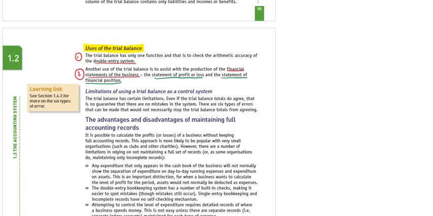Here are some limitations related to the trial balance. It never means that if the debit side and credit side of the trial balance are equal, for example debit is 100 and credit is 100, there is no existence of error.